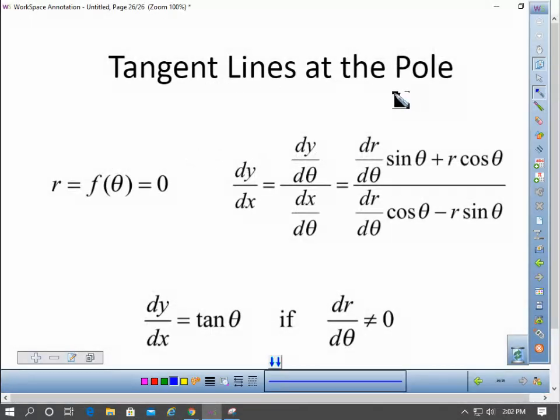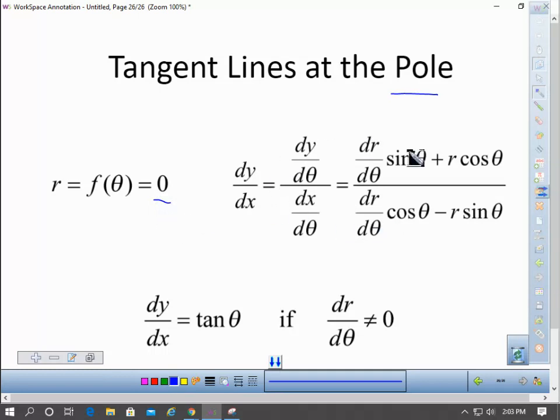So if you are at the pole, which means you're at the origin, that means your distance r from the origin is 0. When you're graphing these polar curves, the r is your distance away from the pole or the origin. So the function equals 0 at that theta value.